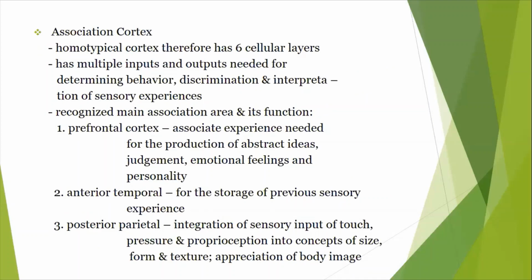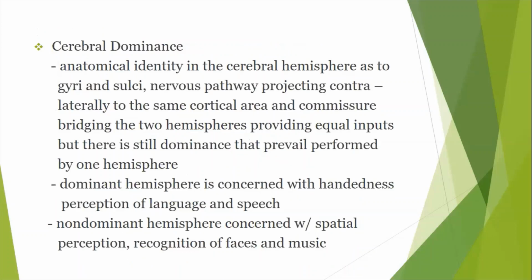So your posterior parietal lobe integrates input of touch, pressure, and proprioception into concepts of size, form, and texture, and appreciation of body image. Now, the cerebral hemispheres have more or less equal function and a similar identity, and the gyri and sulci are sort of identical.